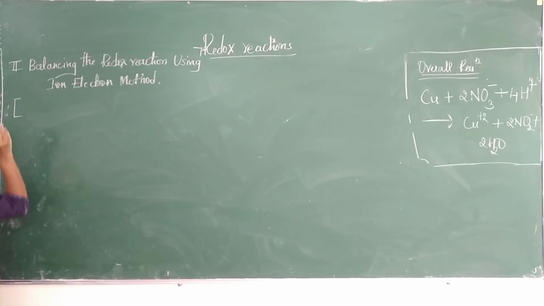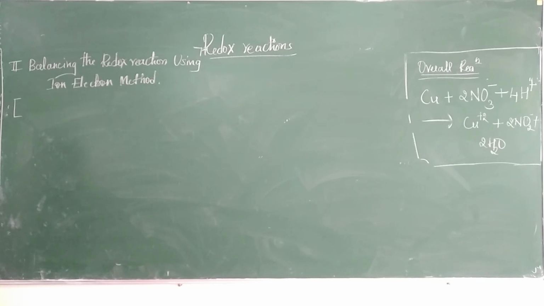Clear? So for step 5, all the other steps are the same as those of the oxidation number method. The change in step 5 is that, there you identify the increase and decrease in the oxidation number.